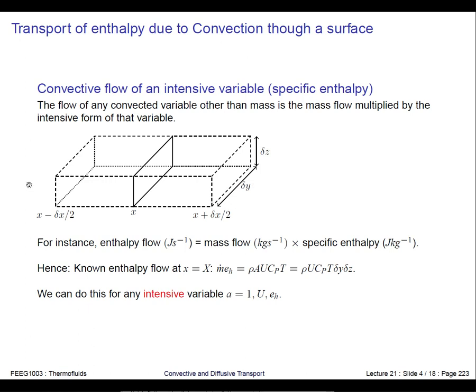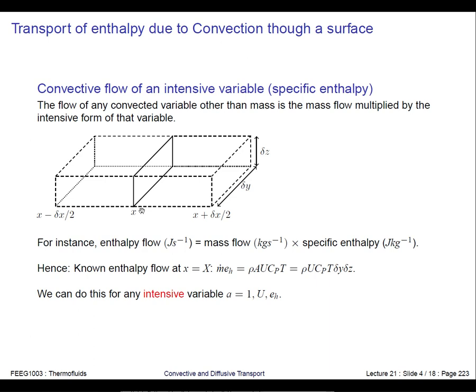a one-dimensional flow in the X direction, and we're interested in how much energy is flowing through this section. So if we take a control volume like this, and we say, well, let's invent an area in the middle, and we want to know how much energy is flowing through there per unit time. So effectively, this is the power.